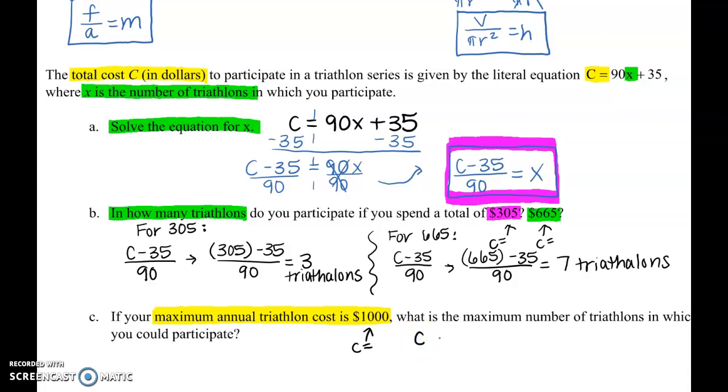So if I get C minus 35 over 90, and I plug in $1,000 and do that calculation, I get 10.72 triathlons. So if I don't want to spend over $1,000, I can only run 10 triathlons.